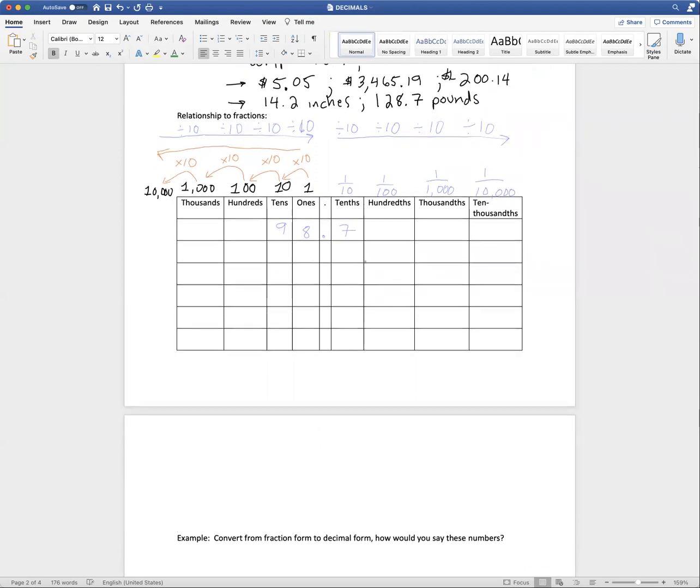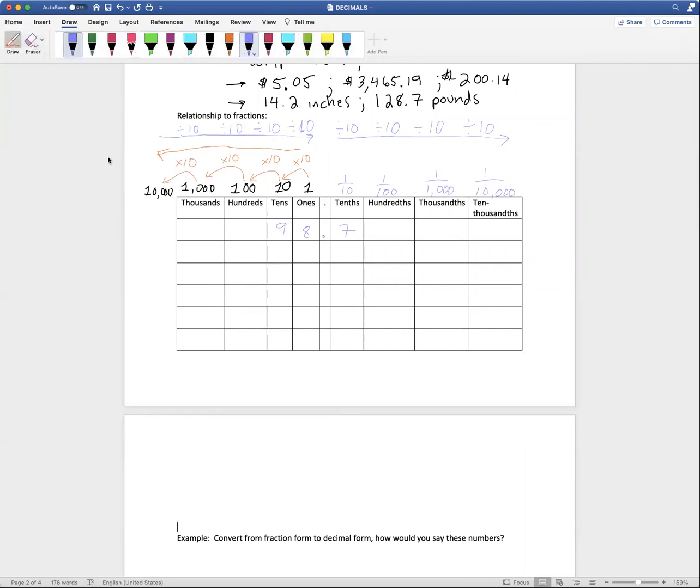98.7 degrees is the same thing as saying we have 9 tens, we have 8 ones, and we have 7 tenths.